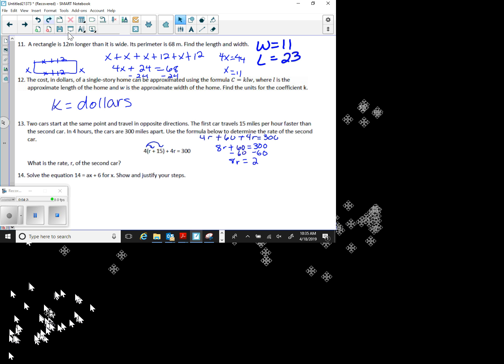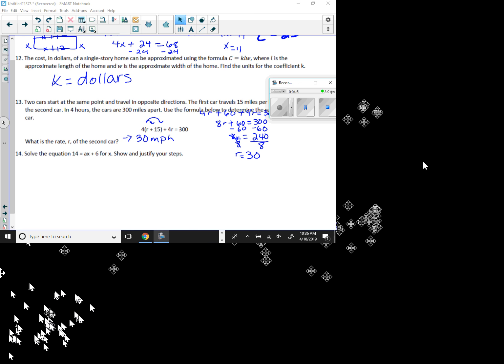Okay, so then I divide by 8, and what's 240 divided by 8? 30, thank you. So what is the rate R of the second car? It would be 30 miles per hour.